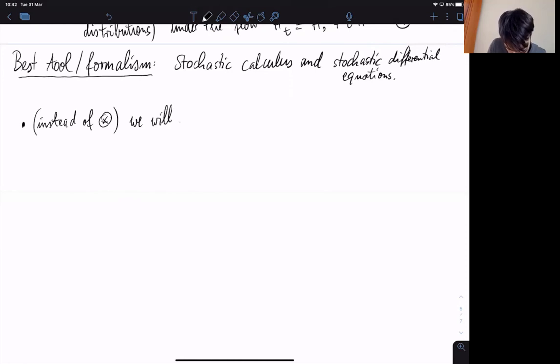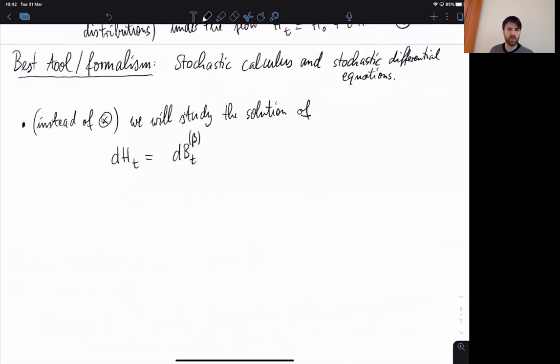We will study the solution of the following equation. So the matrix flow HT comes as follows. You will add to it a term which is a matrix Brownian motion, and then it should come in the appropriate way.